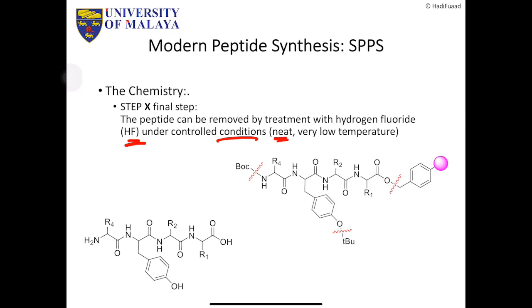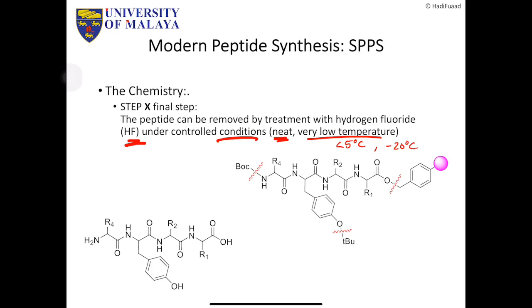You will use neat hydrogen fluoride at a very low temperature, normally less than 5 degrees Celsius. I've done one at minus 20 degrees Celsius, because at a higher temperature, some peptides tend to form byproducts and be more reactive, reacting with a different peptide.